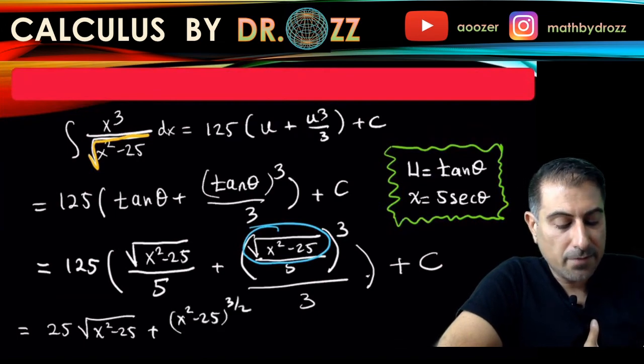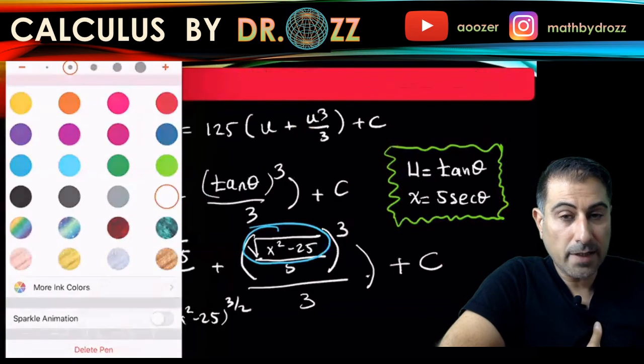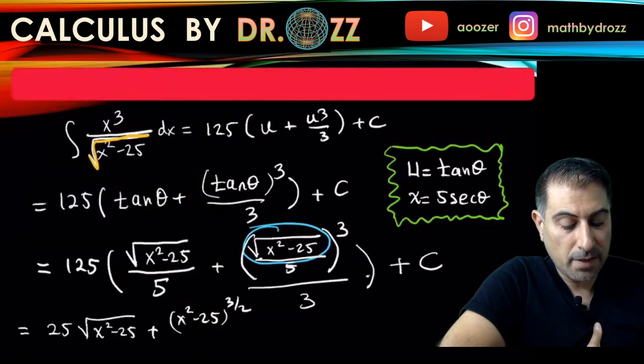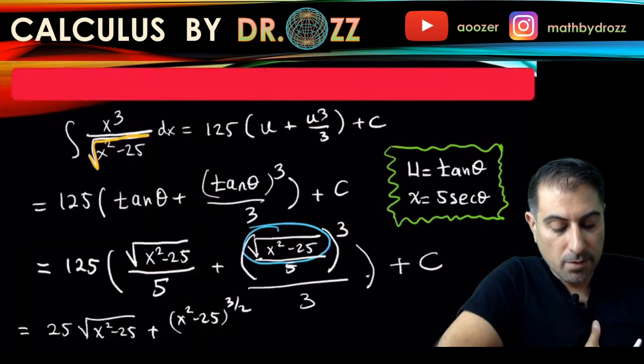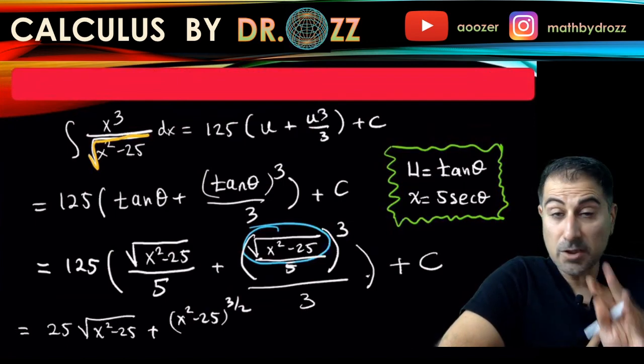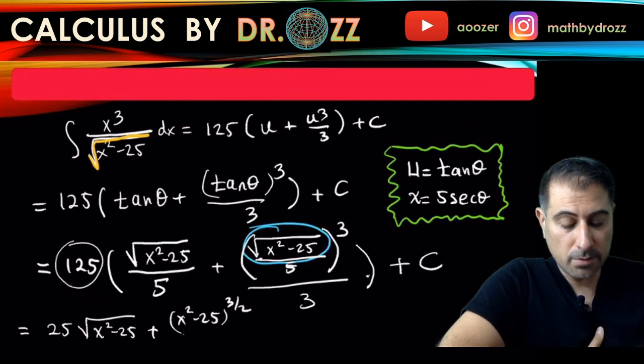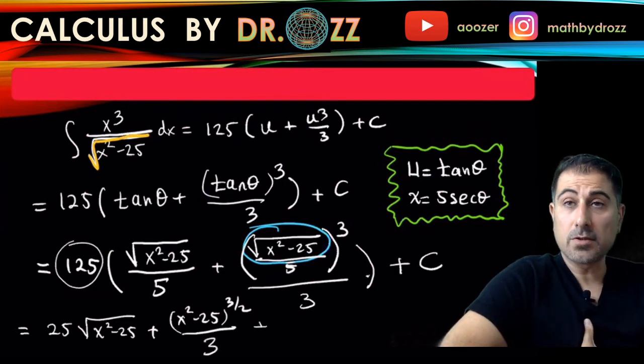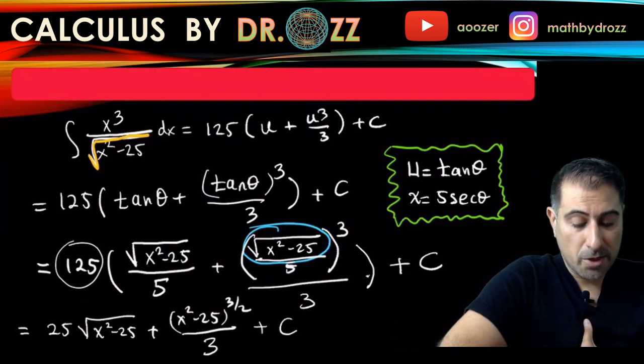You still have 5 here, right? And you should take the cube of that. That's 125, and you're dividing by 3. You also multiply everything by 125. So at the end of the day, please pause the video if you want to and do these calculations at your own pace. Okay, so that should boil down to this final form here.